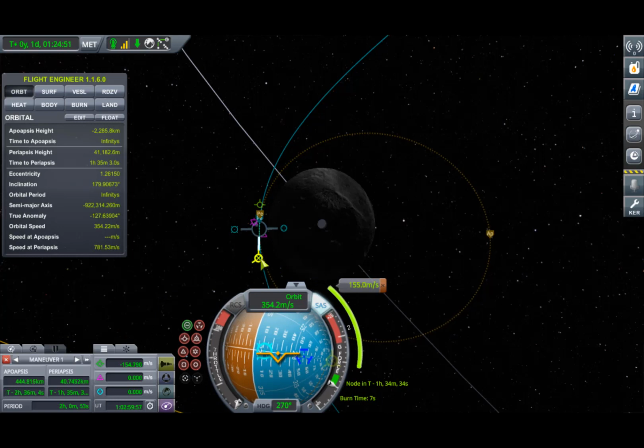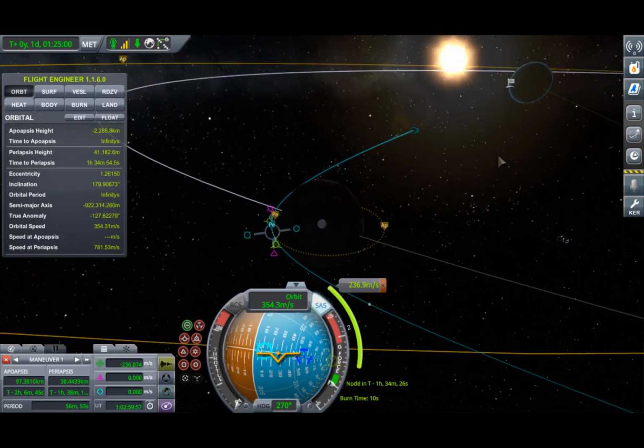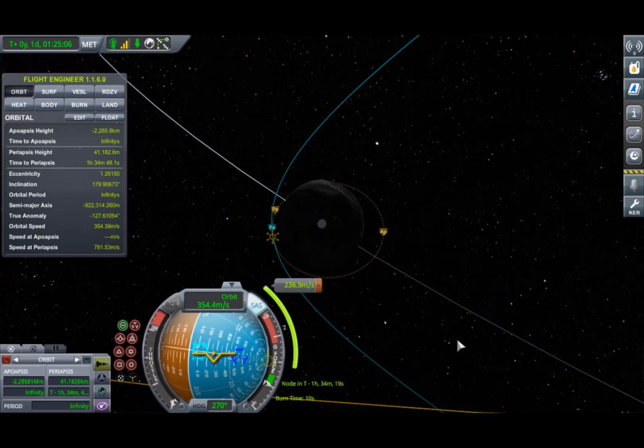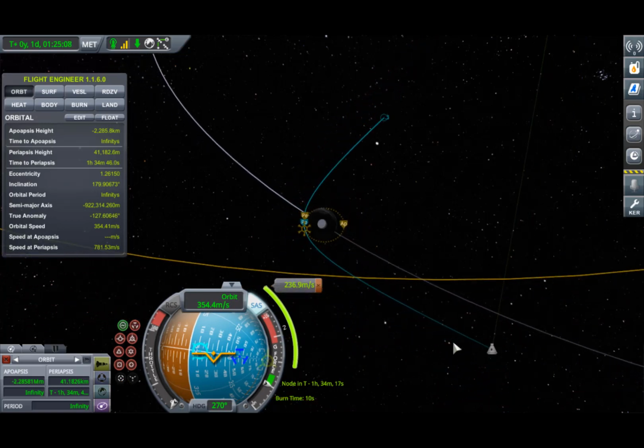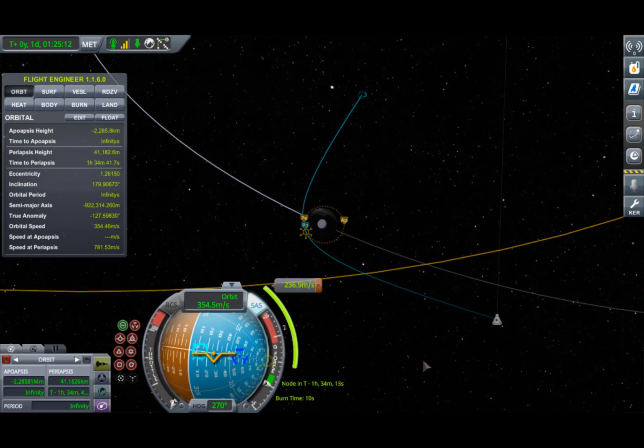I can adjust a little bit further, make it closer to a circular orbit. So yeah, we've passed the Mun a little bit, but then we'll slow down on our parabolic trajectory there so that we can enter into an elliptical orbit.